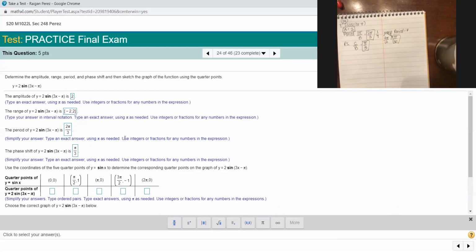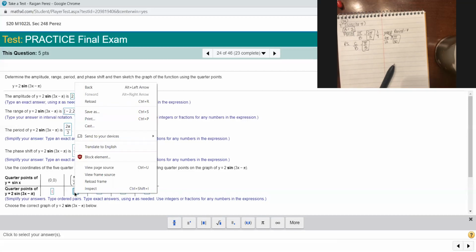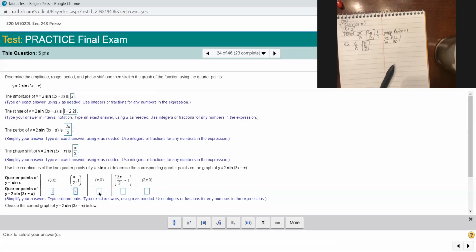So it has our old points up there. Now we just got to do our new points. So I'm going to do the y's. I guess we'll do the x's first. Go in and type all these parentheses.